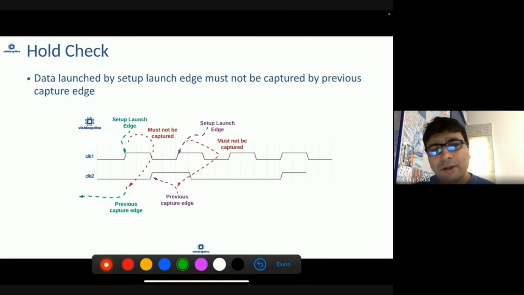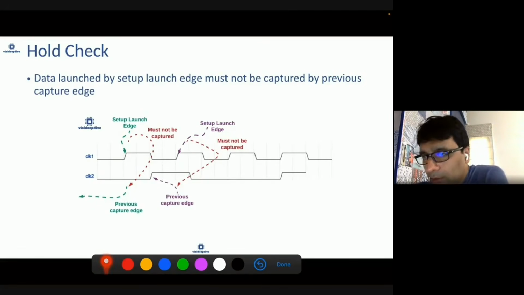So for hold check, there are two rules which are followed. First rule is data launched by the setup launch edge must not be captured by the previous capture edge. So you're launching data here. This is your setup launch edge.